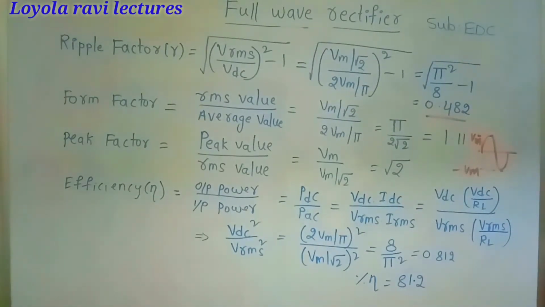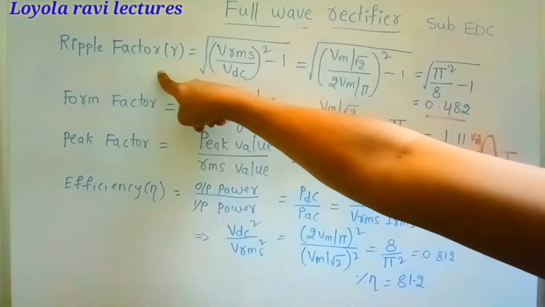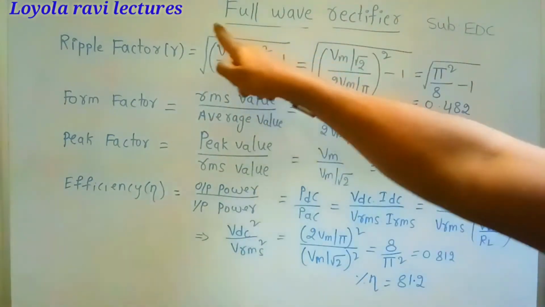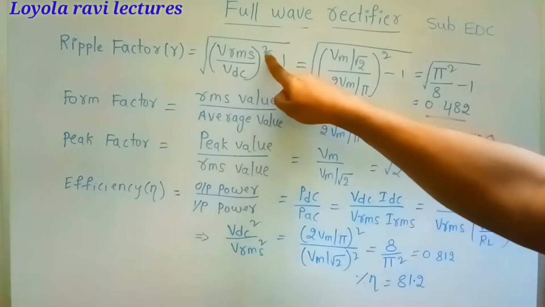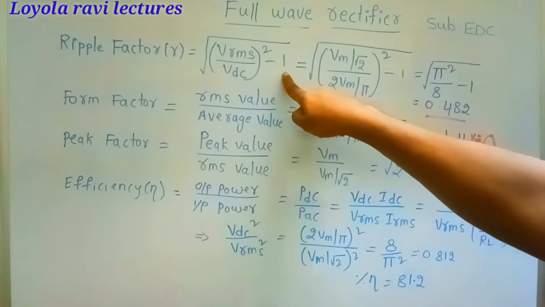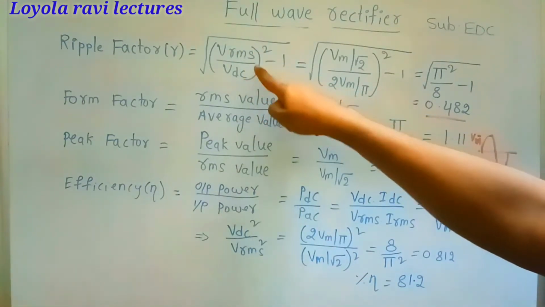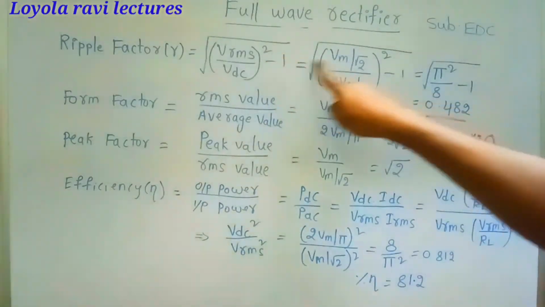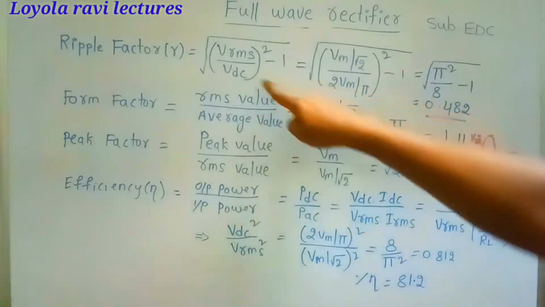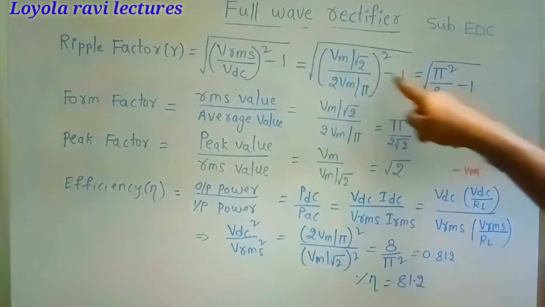Then we calculate the parameters. First one is the ripple factor gamma, which is equal to square root of (VRMS by VDC) whole square minus 1. This is the ripple factor formula. From this we can substitute VRMS and VDC values to find the ripple factor. VRMS is Vm by root 2 and VDC is 2 Vm by pi, whole square minus 1.